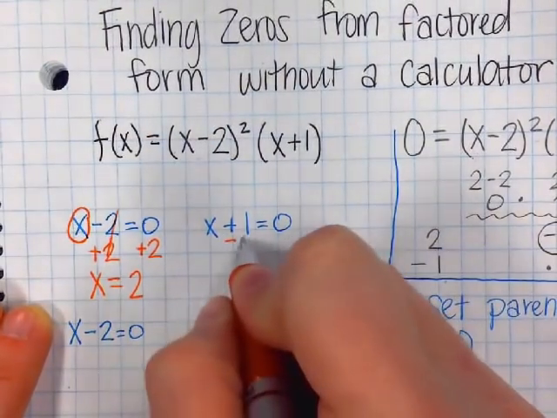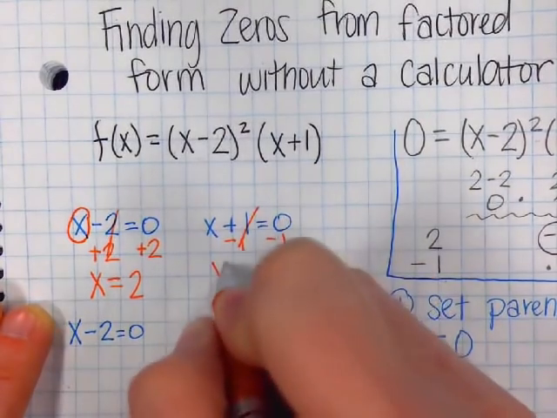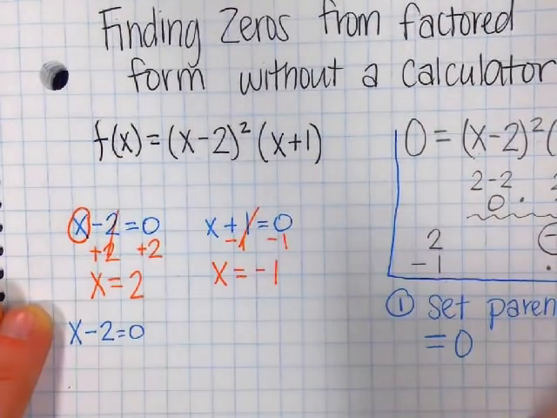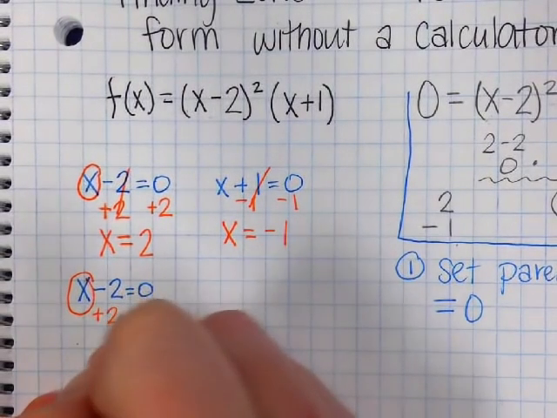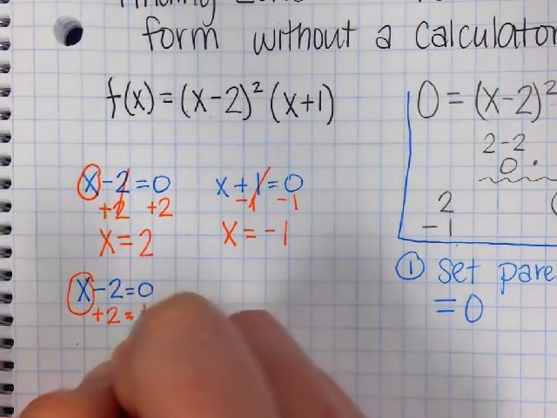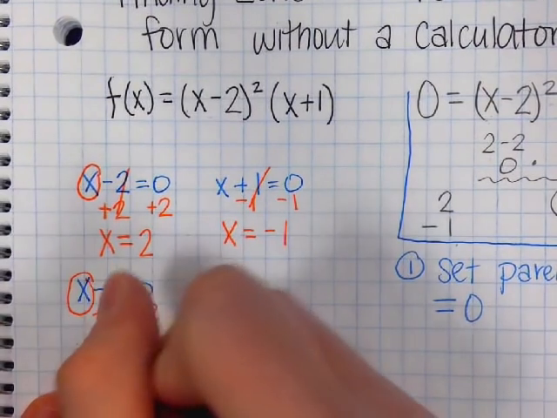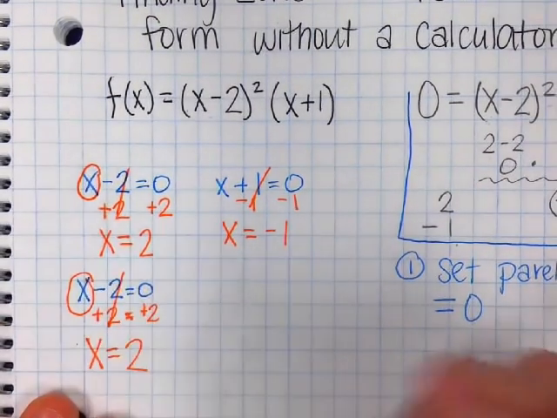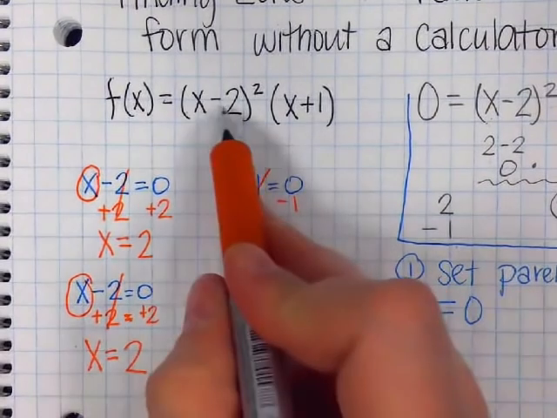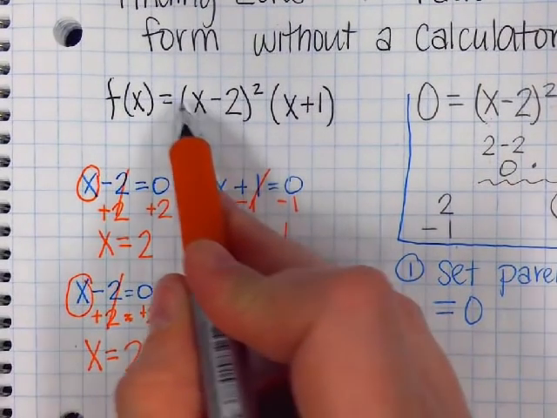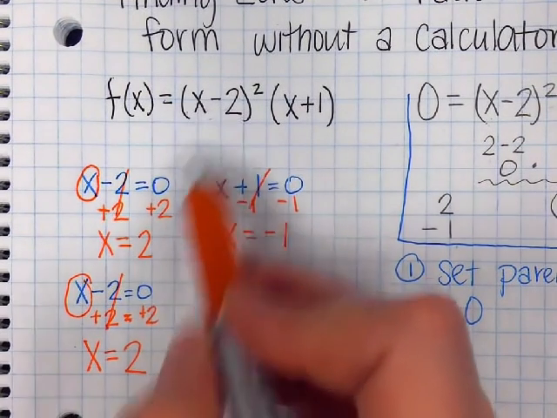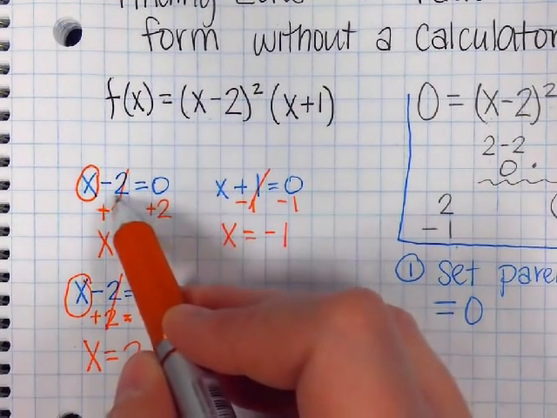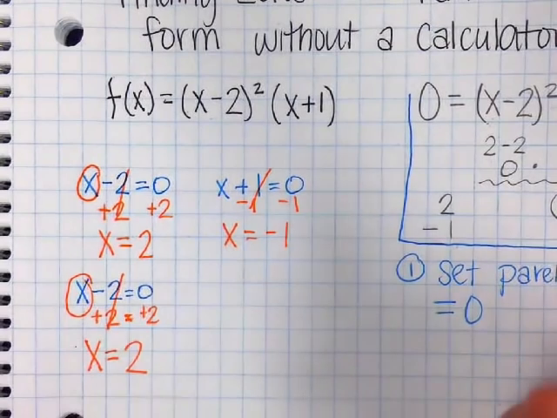And then subtract 1, x equals negative 1. This one, of course, is going to be the same thing, but again, it's important. So x equals 2. Now, it's very important for you to notice that it's the opposite sign. If it's only a one step, like there's not a number in front of x, it's always going to be the opposite sign, because remember, instead of subtracting, you're adding.